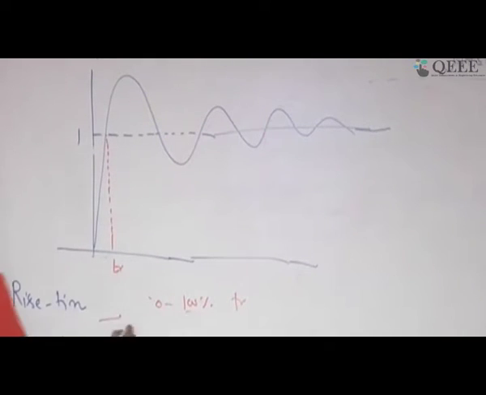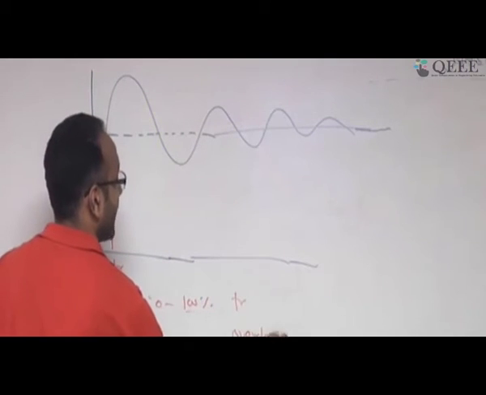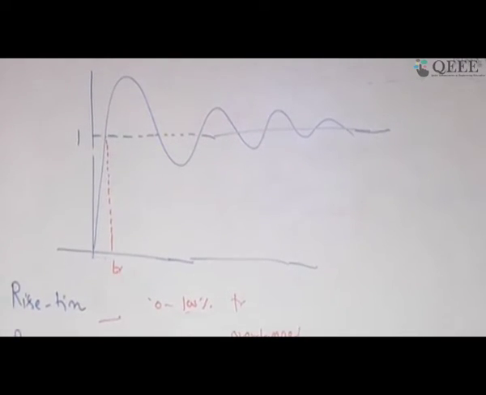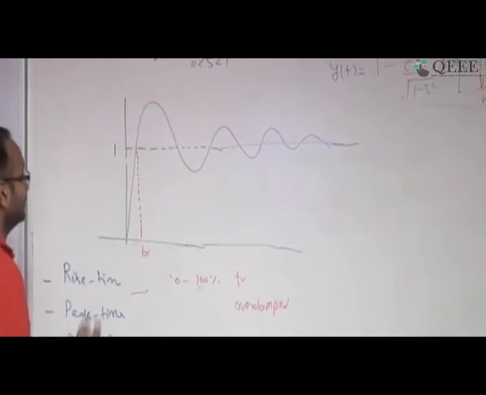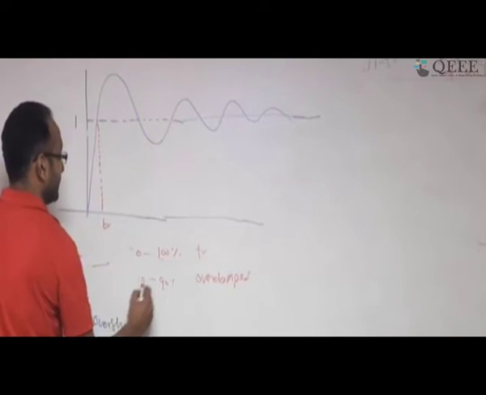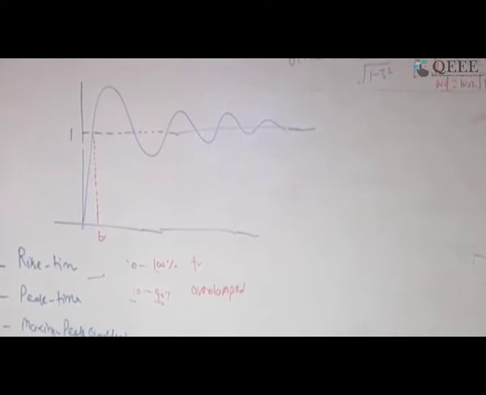And if your system is overdamped, as I mentioned, in some cases zeta can be very much larger than 1, then I come to the overdamped scenario. In this case, they measure the time required to reach the value from 10% to 90%. This is the rise time.